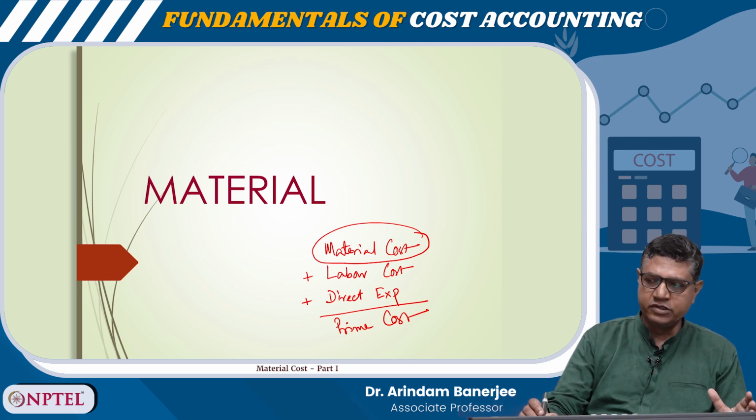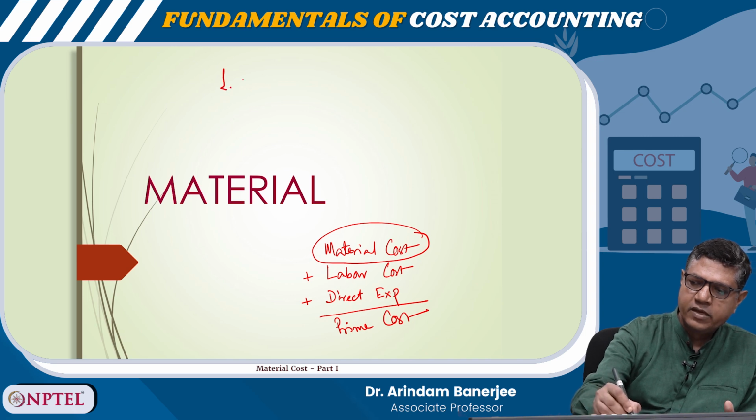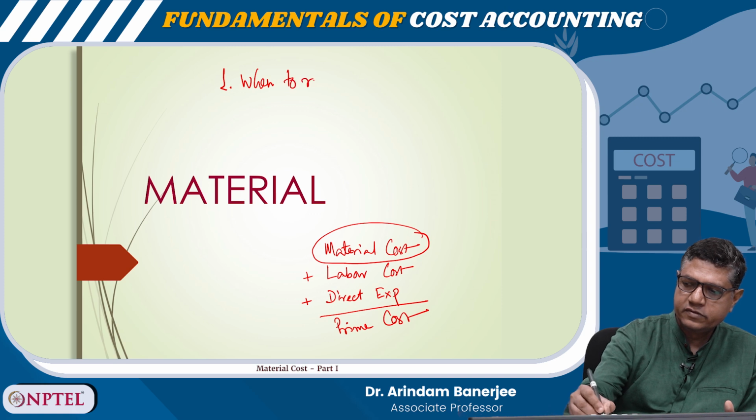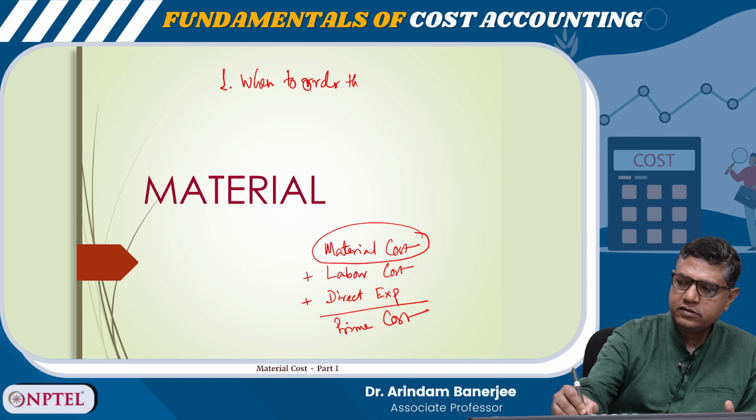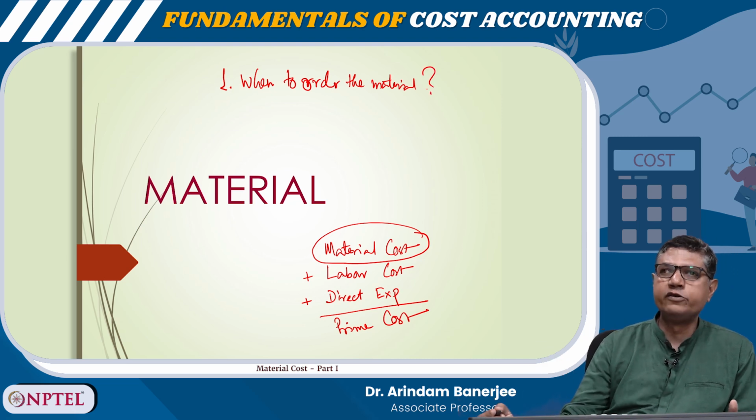So, first I am just doing a recall. First question is when to order. When to order the material. So, we will try to find out how to answer this question, right.